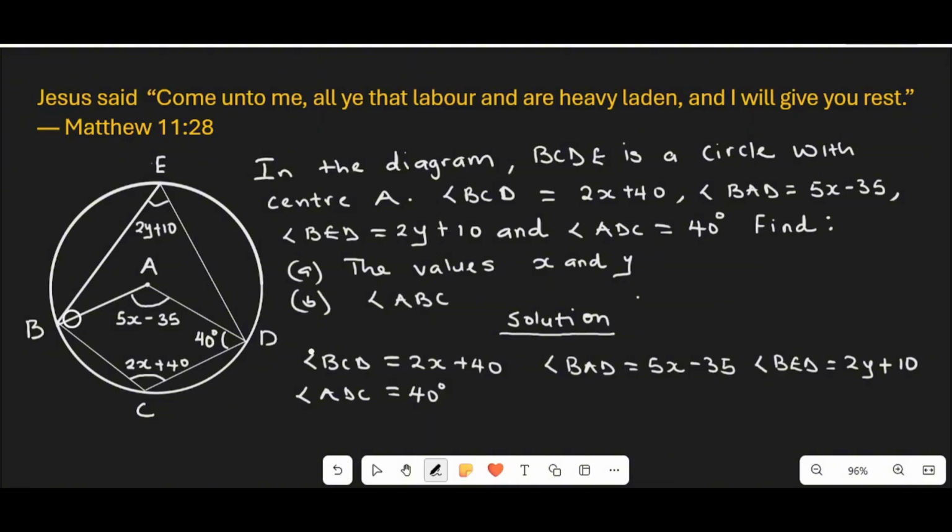That means that angle BCD plus angle BED equals 180 degrees.